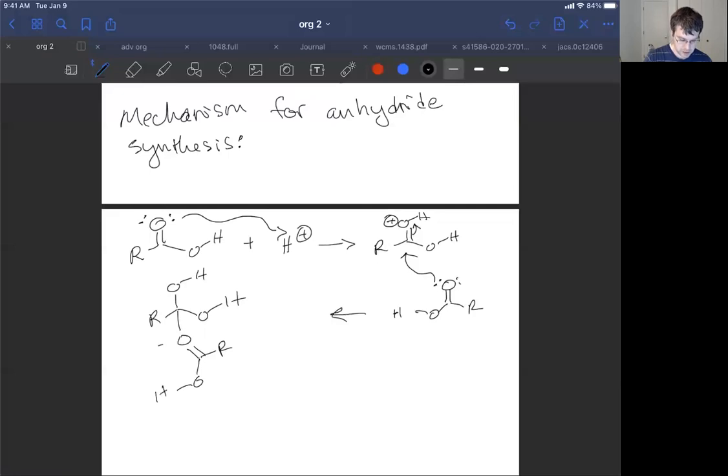So we have the carbonyl oxygen from a second carboxylic acid that's going to add to that carbonyl carbon now that the carboxylic acid has been protonated. Okay, what that means for us now is we can lose this hydrogen and we can roll some pi bonds around to get to a neutral structure. That's going to give us this.